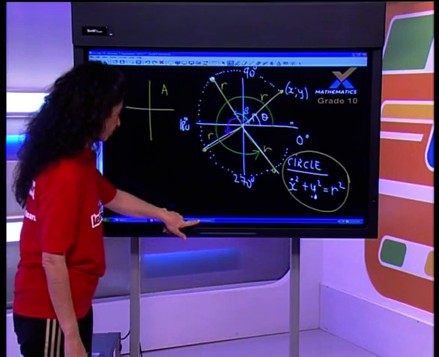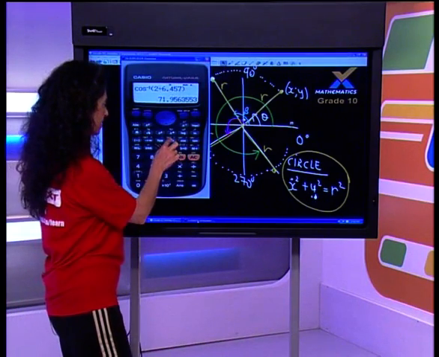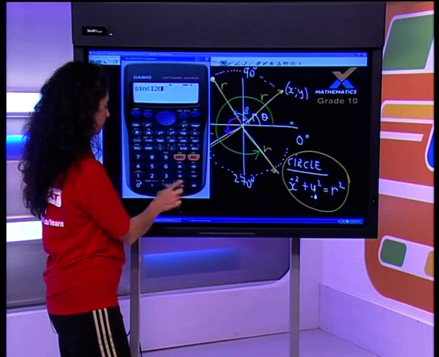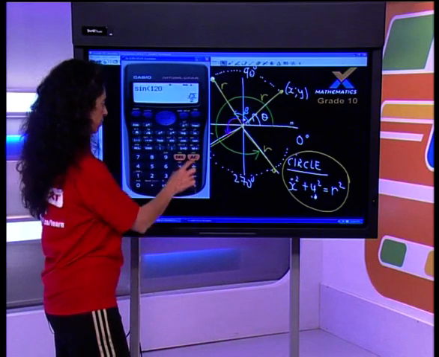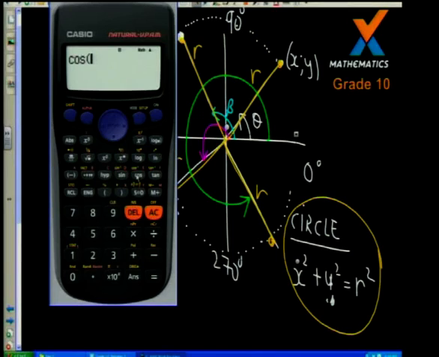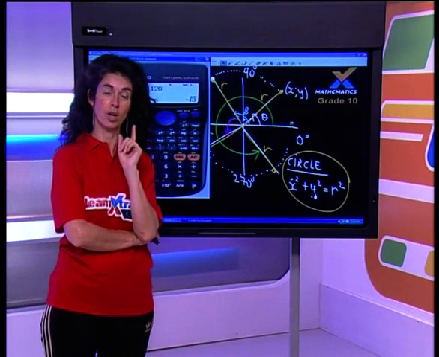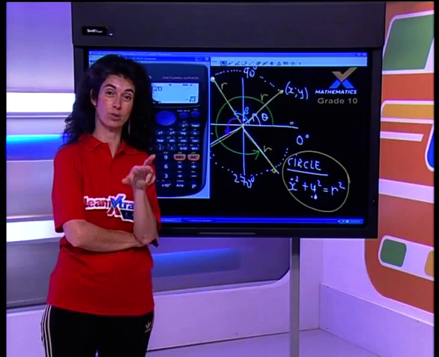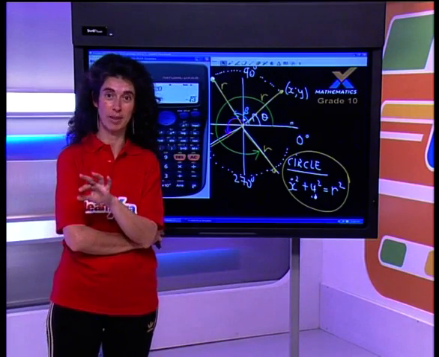However, when you get to the second quadrant, let's look at sine of 120. That's positive. Let's look at the cos of 120. That's negative. Let's look at the tan of 120. That's negative. So obtuse angles have this interesting relationship. Only the sine of obtuse angles will be positive, but cos and tan will be negative.